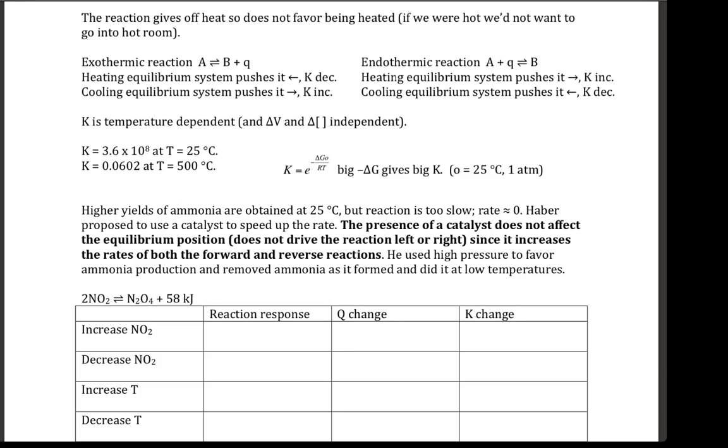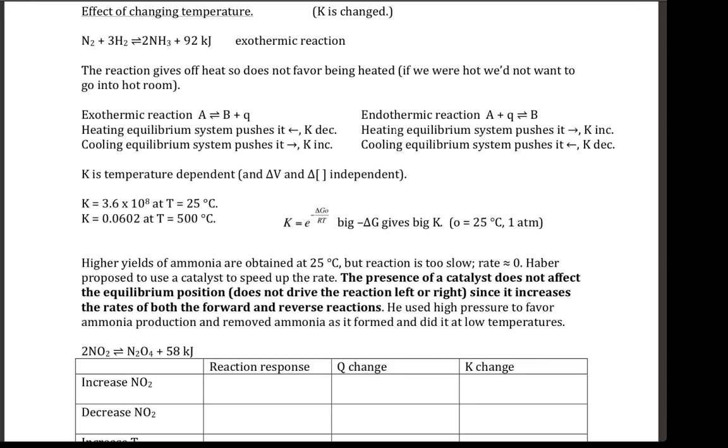So it goes far to products at 25 degrees, whereas K is 0.0602 at 500 degrees. And that's because it's an exothermic reaction. So when it's cool, it makes more product, it goes toward Q, but when it's hot, it goes away from Q. And you can see that reflected in the values of K.